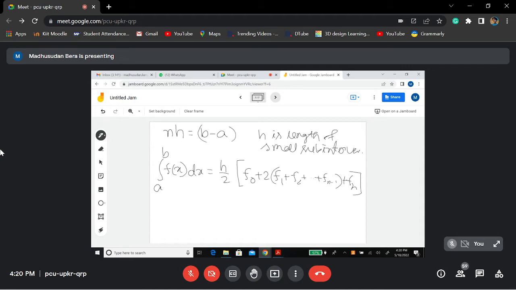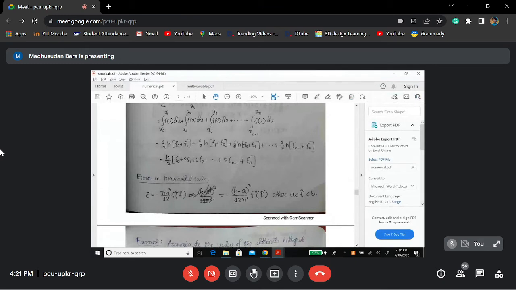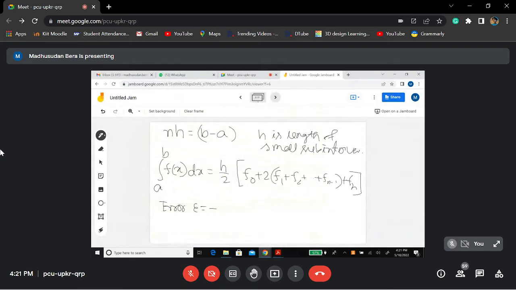And error in trapezoidal rule, error epsilon, it will be minus nh cube by 12 into f double dash t cap, or we can write minus b minus a whole cube by 12 n square into f double dash t cap.